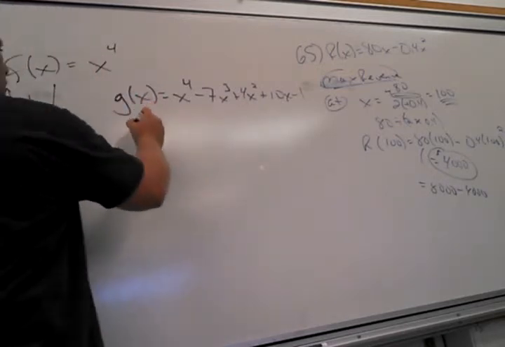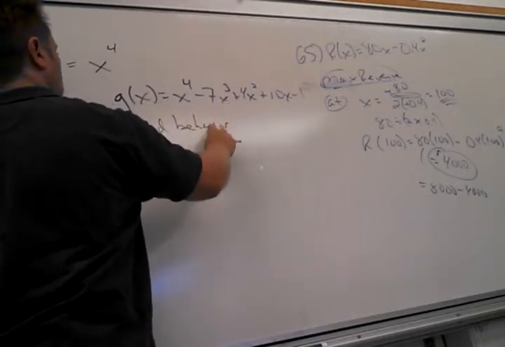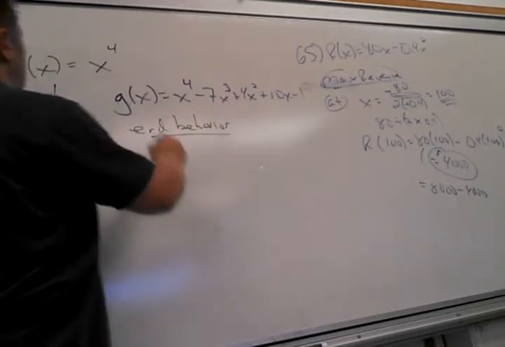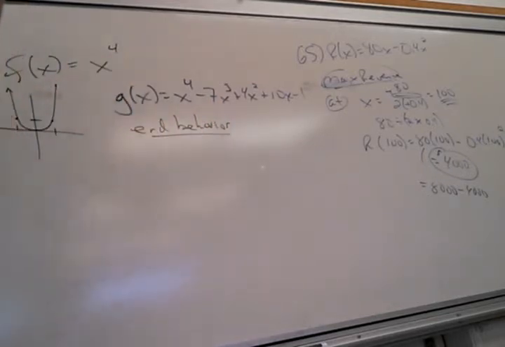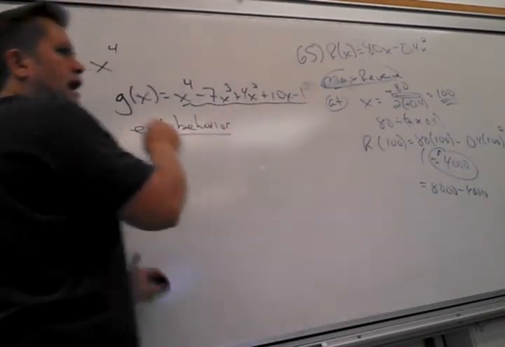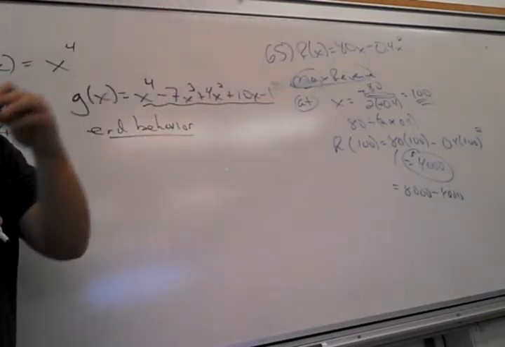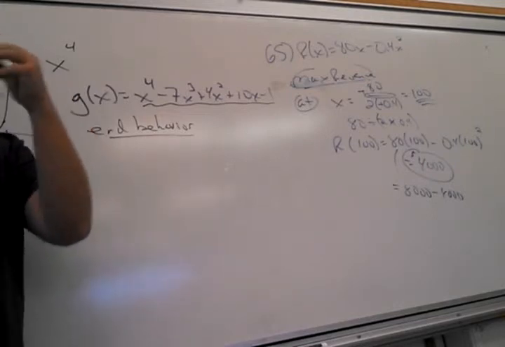I want to talk about something called end behavior. So the end behavior for this function, it might seem really hard to tell because there's all this other stuff in there. But end behavior, what does that mean?